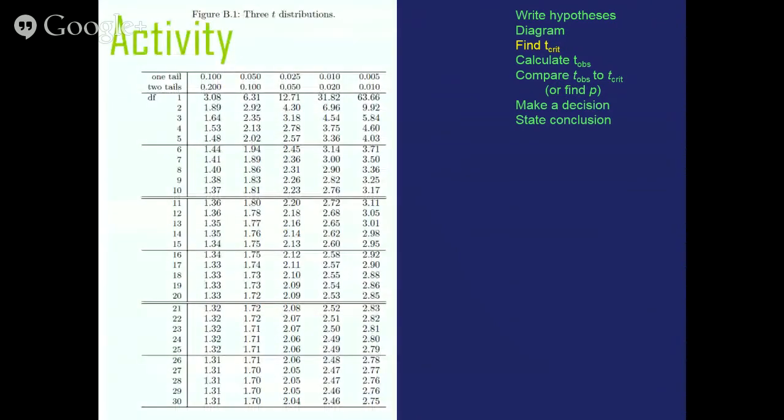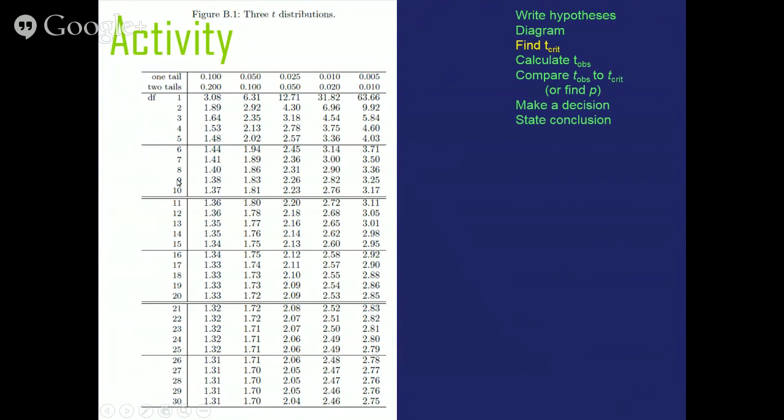Now here's another difference. We use the t table. The t table is confusing because you have to look up a whole bunch of values at once in one table. So in this case, we're going to look at 9 degrees of freedom, right here.